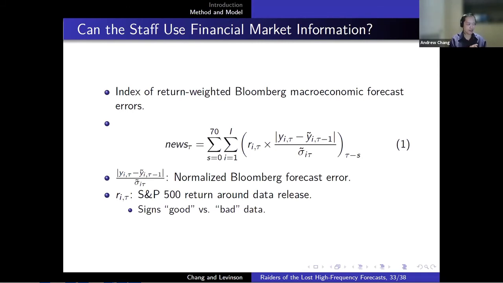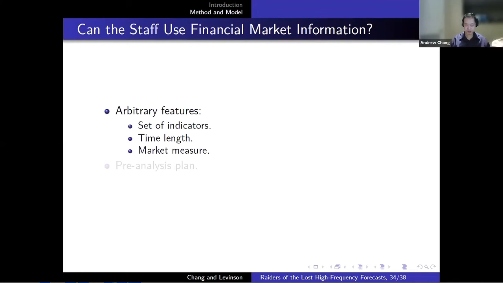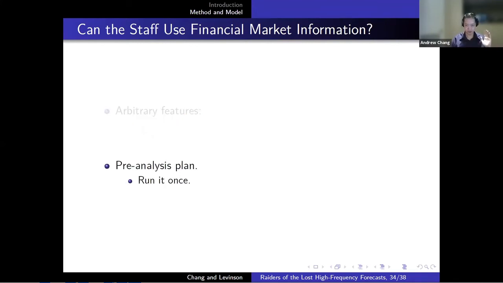This is a weighted average of outside forecasters' forecast errors mixed with S&P 500 returns. So it's kind of synthesizing market information combined with the information from other forecasters. Obviously, there's a bunch of arbitrary features with creating an index such as this. So again, we're using a PAP here. We're only running it one time. We're not trying to find a particular result.